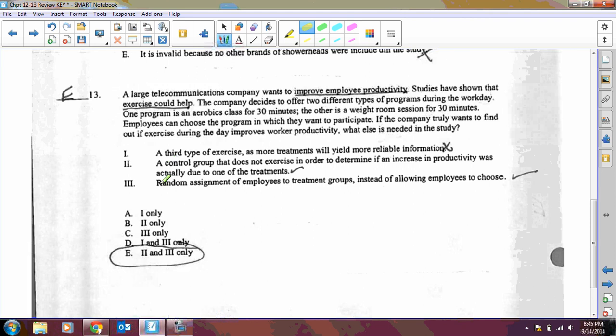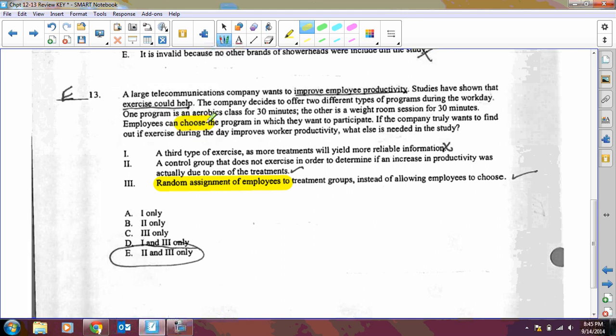Furthermore, they do not mention the random assignment of the employees. They allowed the employees to choose the program in which they wanted to participate. If you do that, then they're essentially volunteering into that program.